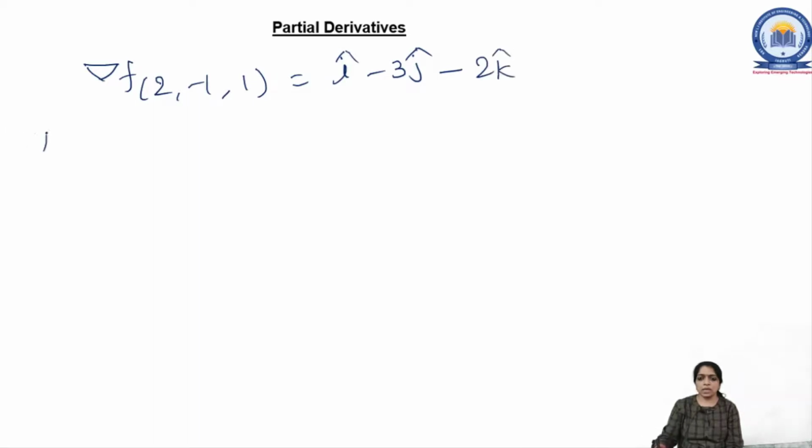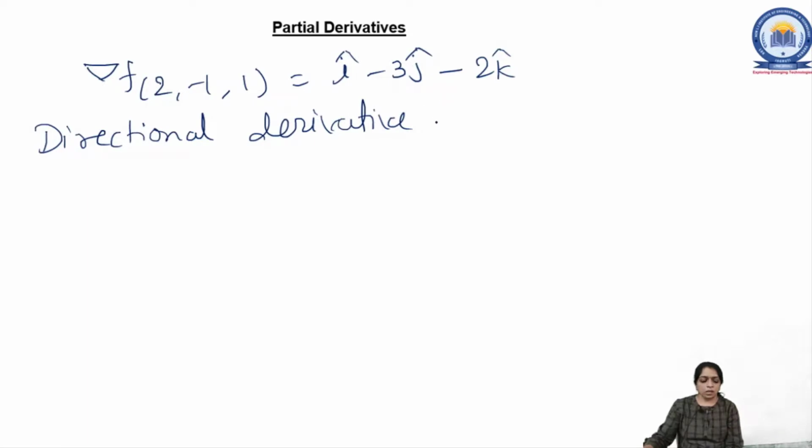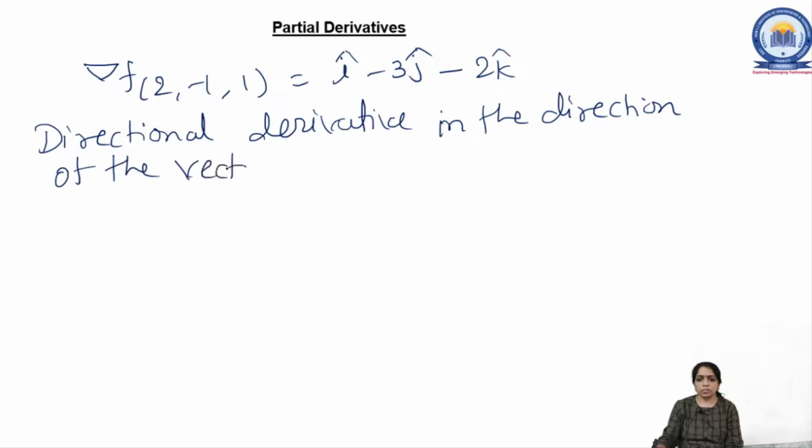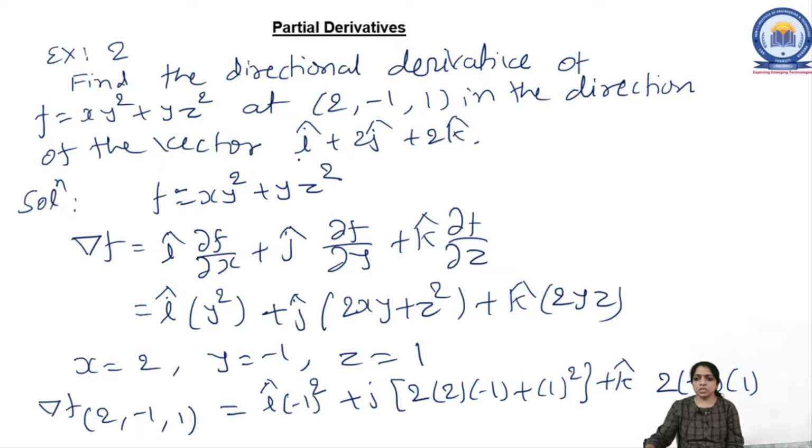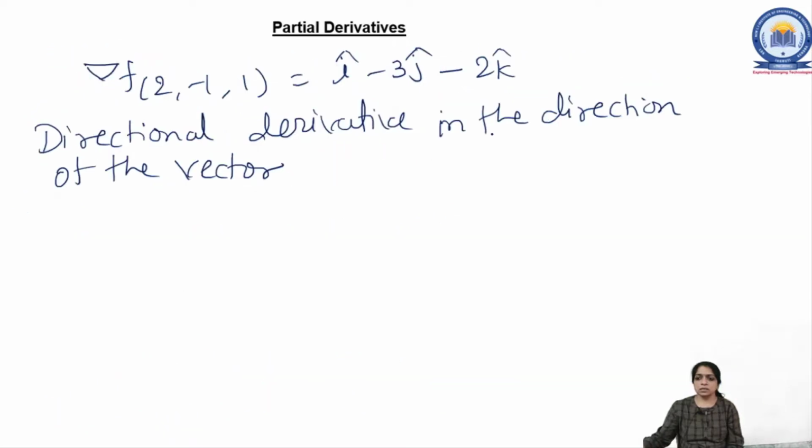Okay, now the directional derivative in the direction of the vector, and our given vector is i + 2j + 2k.